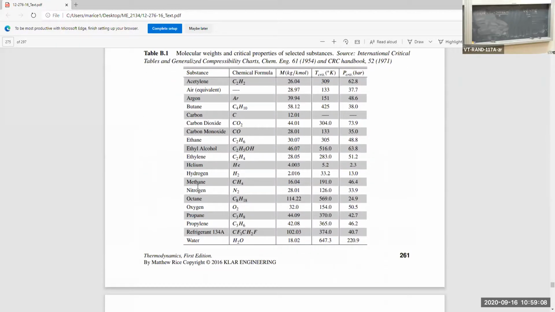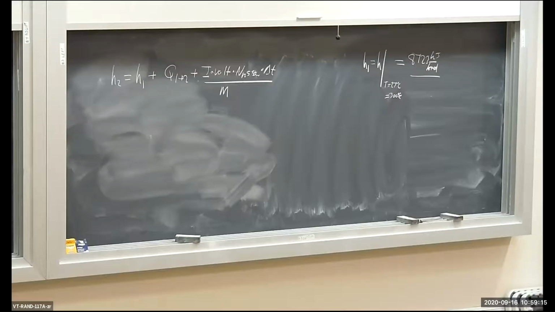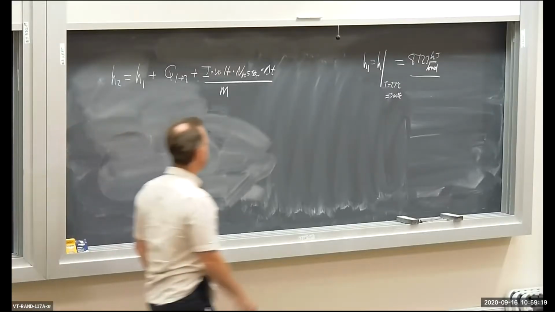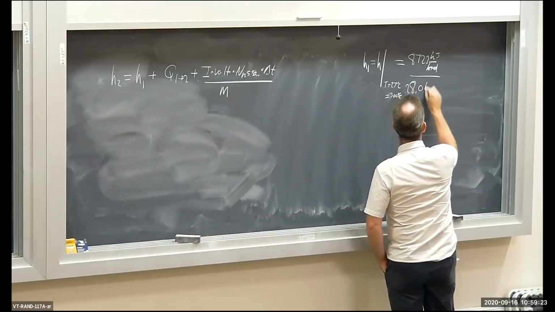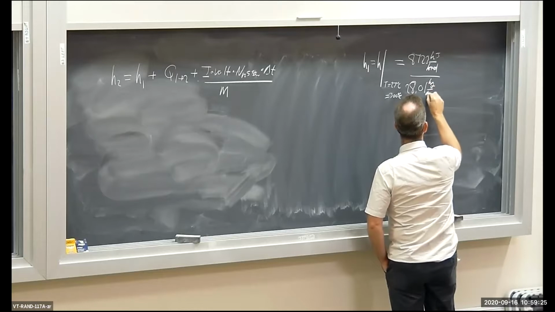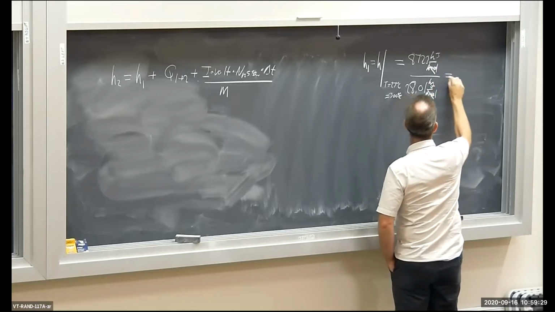Nitrogen, it's in here somewhere. Nitrogen, 28.01 kilogram per kilomole. The kilomoles cancel out, and I'll get kilojoule per kilogram.